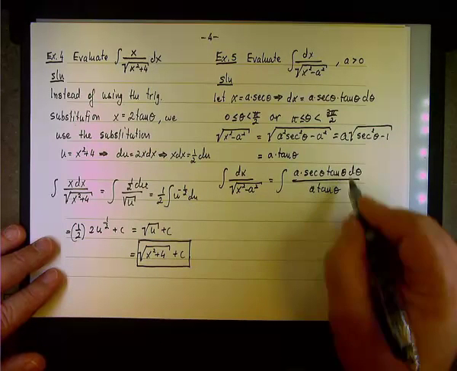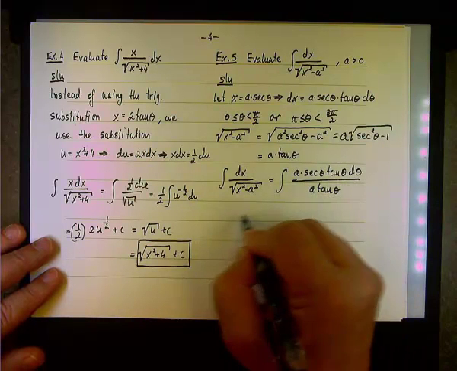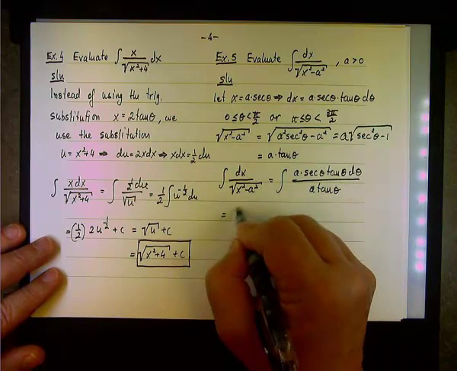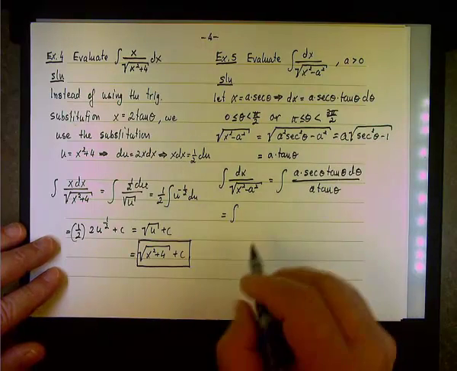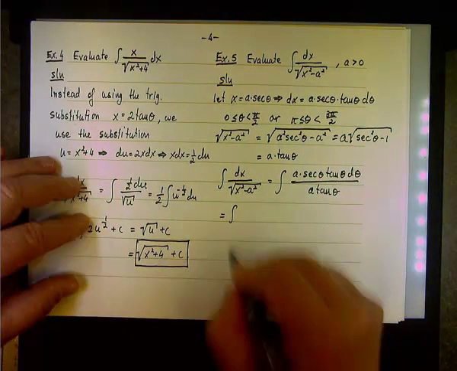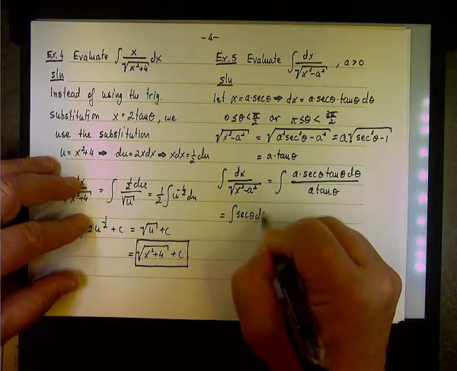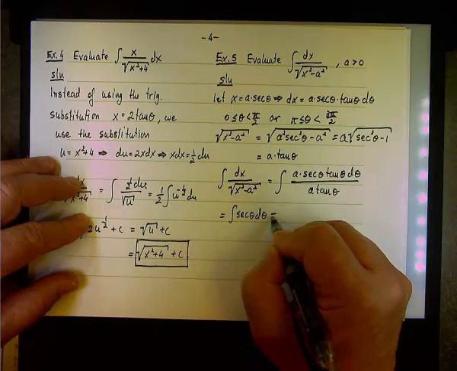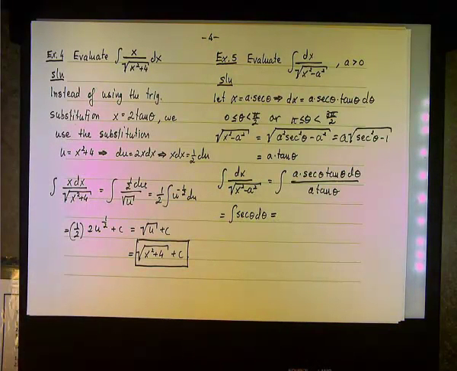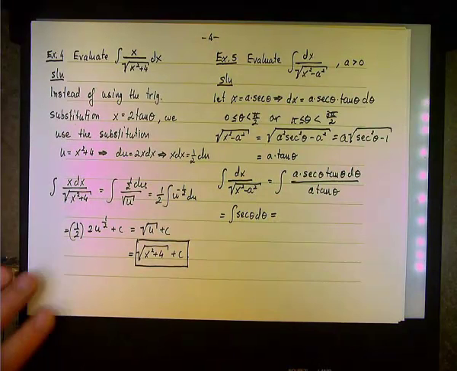So the a is reduced and the tangent is reduced, and we end up having the integral of the secant by itself, right? And this integral is one of those special integrals that we worked on yesterday.